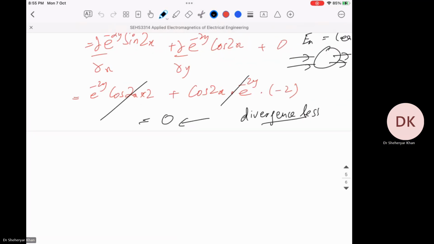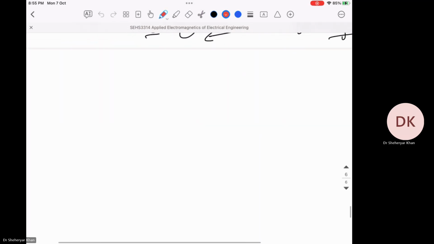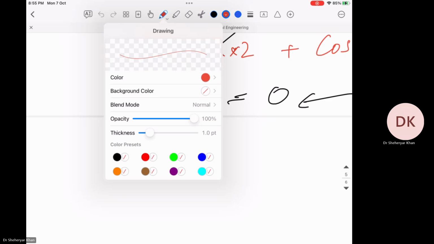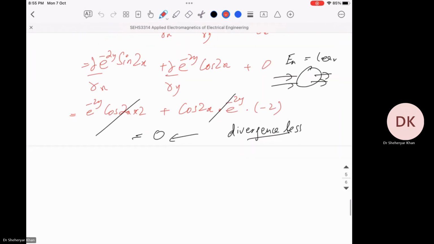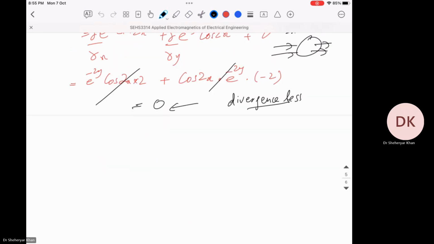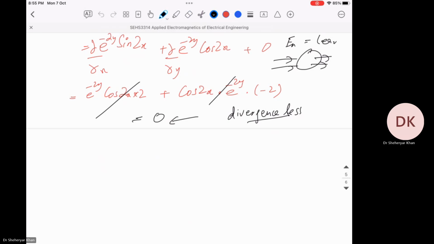So we are given D, which is e raised power minus x sine y ax minus e raised power minus x cos y ay plus 2z az.